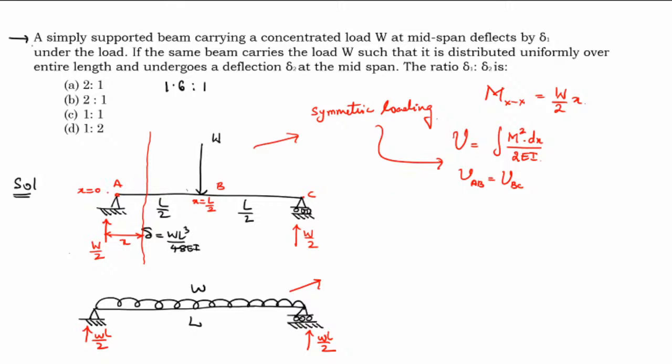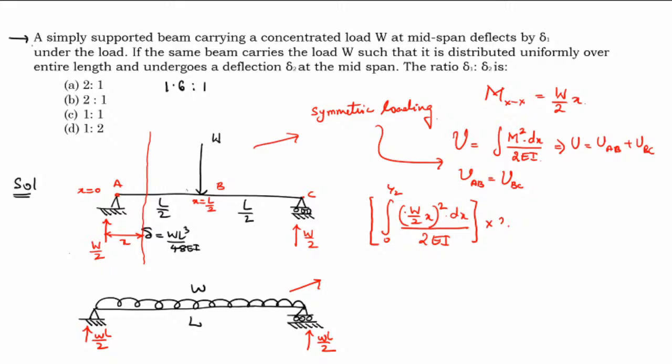So now the limits will be 0 to L by 2, into (W by 2 times x) whole square dx divided by 2EI. So the total strain energy U is U of AB plus U of BC, so I have to multiply this term by 2 because it is symmetric loading.